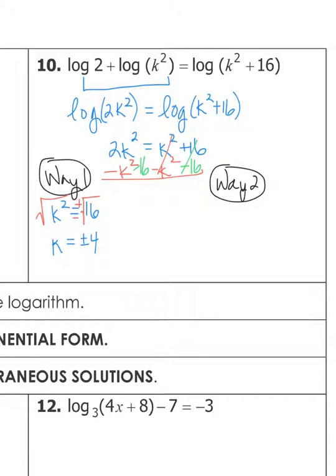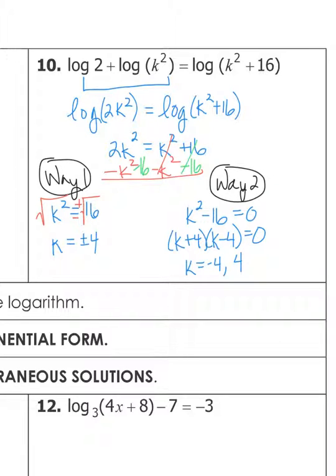That would leave us with k squared minus 16 equals 0 because everything has gone on the right. So if you recall, isn't this the difference of two squares? The difference of two squares factors as k plus 4 and k minus 4. And then if you set k plus 4 equal to 0 and k minus 4 equal to 0, you will get k equaling negative 4 and positive 4.